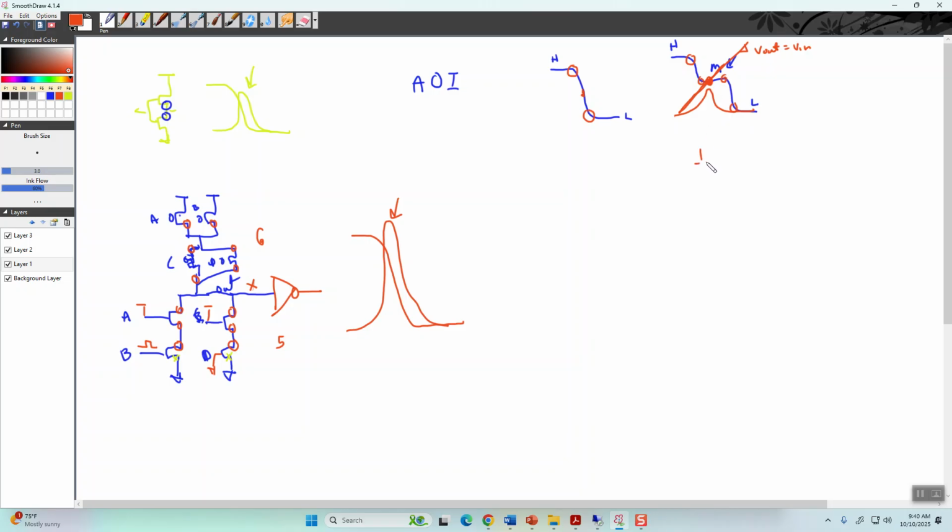So that means like 1/3 of the time I'm going to drop this amount of current, right? And that current flows through everything, right?